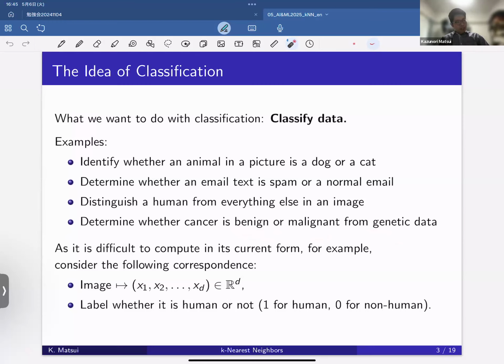Images and text are difficult to handle in their raw data, so we convert them into numerical representations. For images, we correspond them to a sequence of numbers and label them as human or not. For example, we might label human as 1 and non-human as 0.